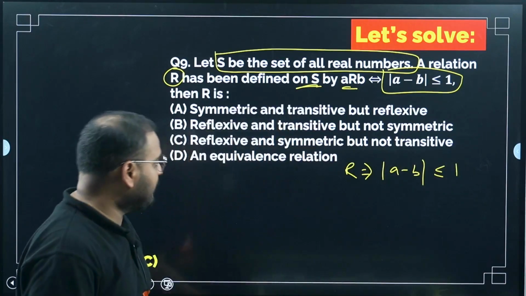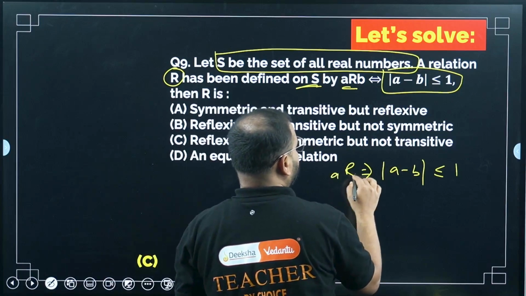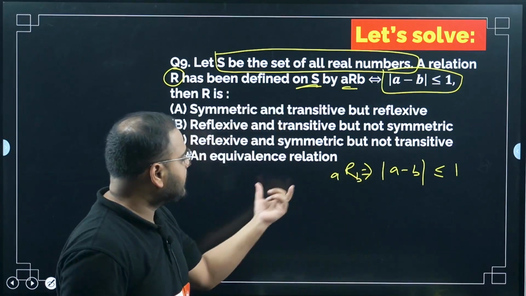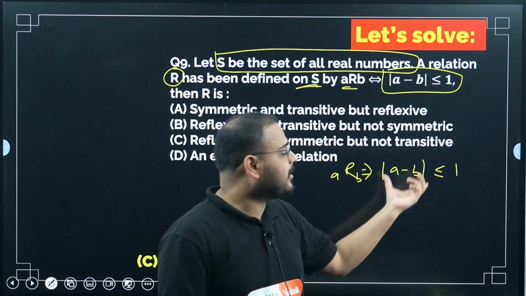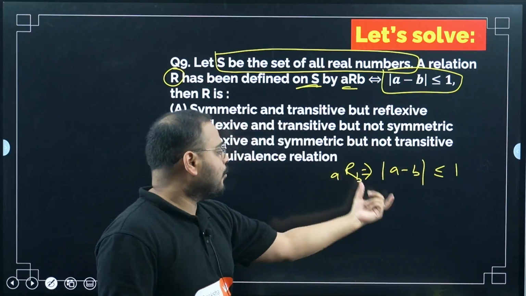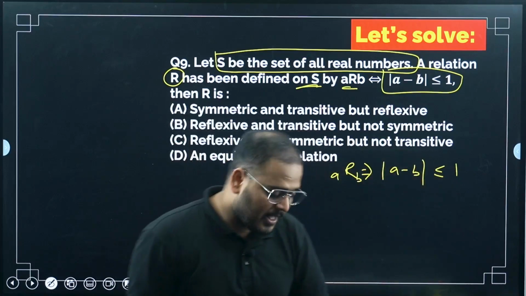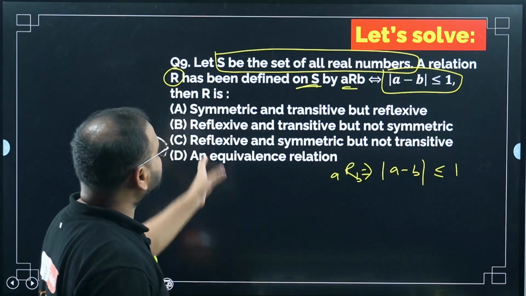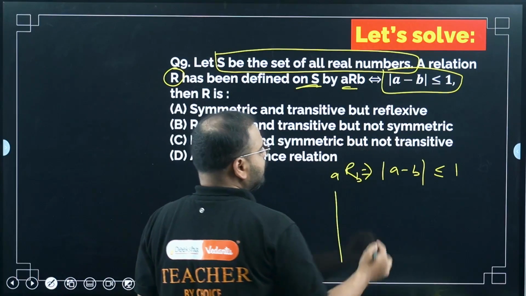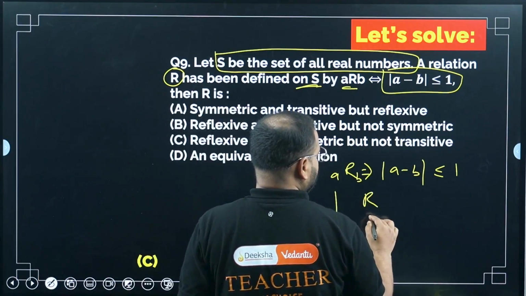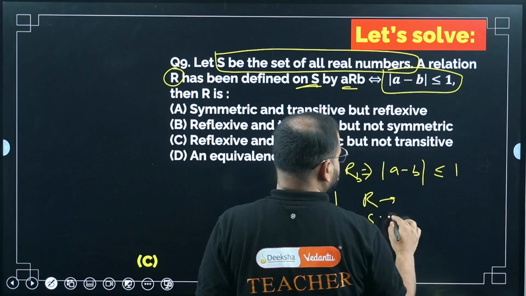It means if you take two elements, A R B, then the difference, whether negative or positive, doesn't matter, only the modulus will be less than 1. So what are we looking for? Reflexive, symmetric and transitive.